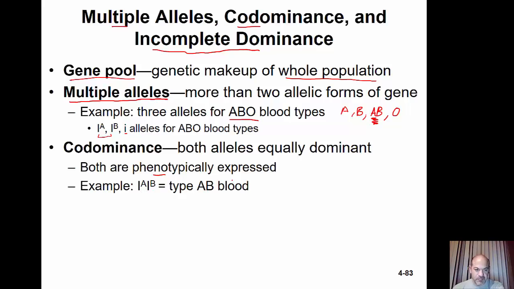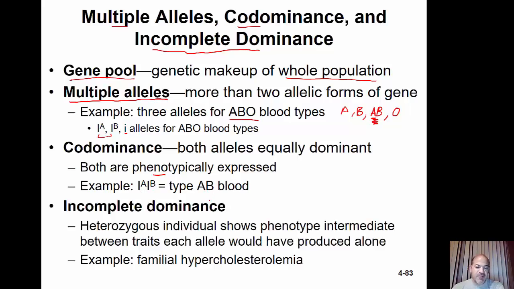Then we have incomplete dominance, which we covered with the flower, where we got the pink flowers. Heterozygous individuals show a phenotype intermediate between the traits of each allele. And there's an example from humans, similar to the red and white producing a pink flower.